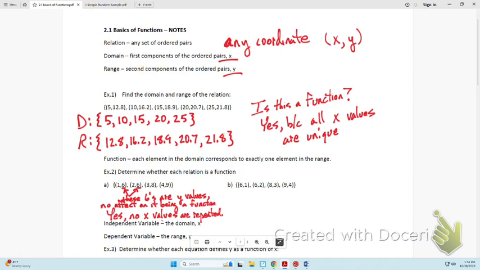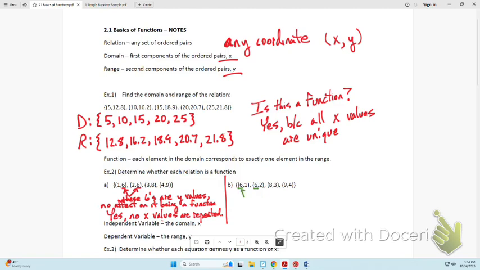You could graph it. I'll show you the graphing option on number 3. But I think graphing it's a little over the top. Just look at all the x values. I see a 1, a 2, a 3, and a 4. They're all unique. Yes, it is a function. On part B, different answer. I see a 6 and a 6 in the x position.